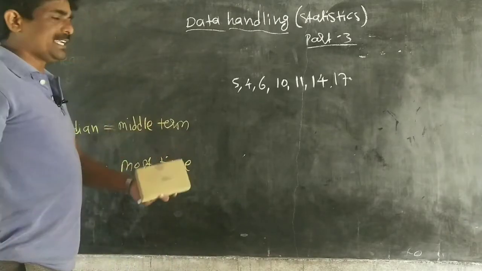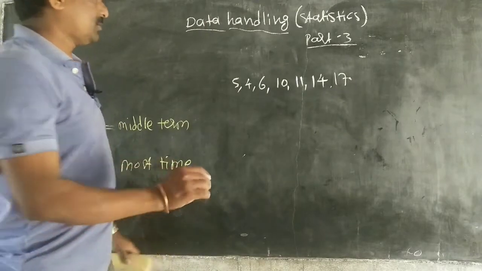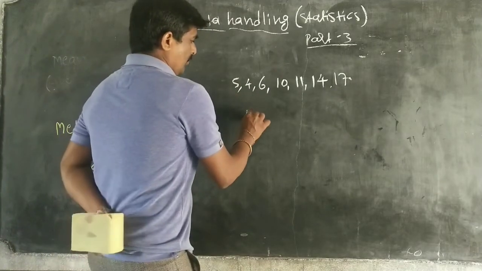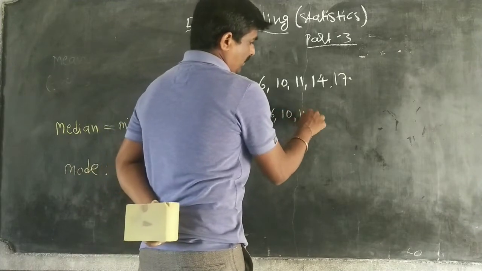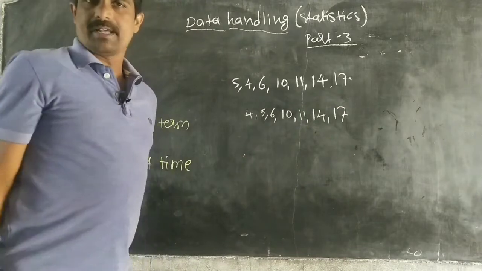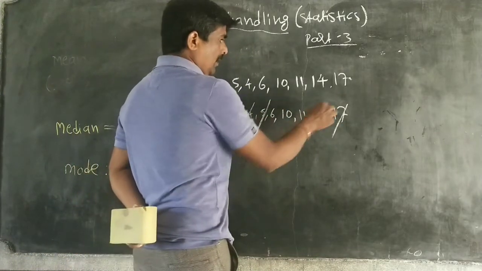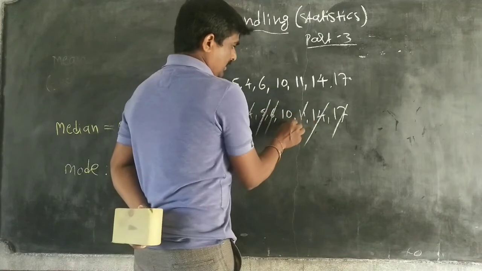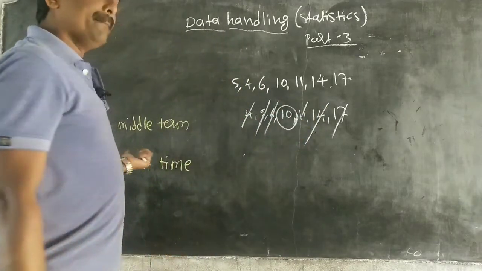Median means middle term. So I am writing ascending: 4, 5, 6, 10, 11, 14 and 17. This is ascending order. So take only the middle term. This is the median.